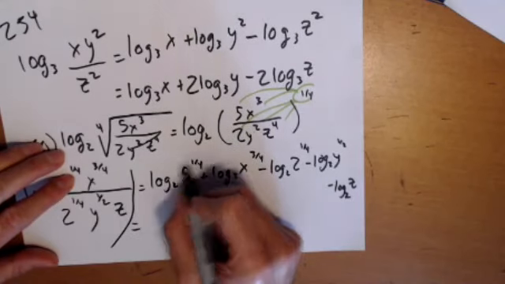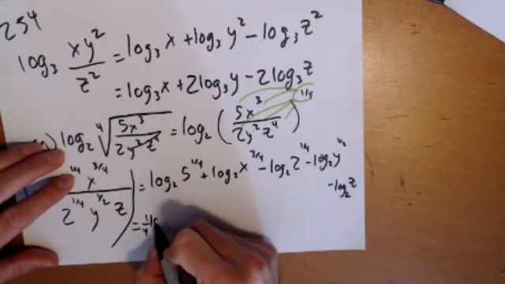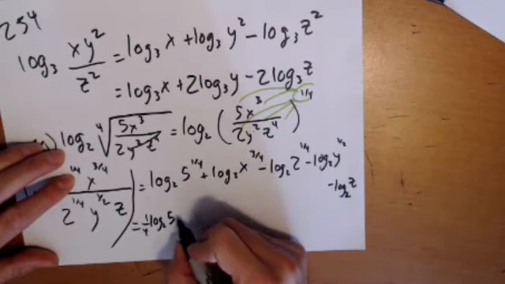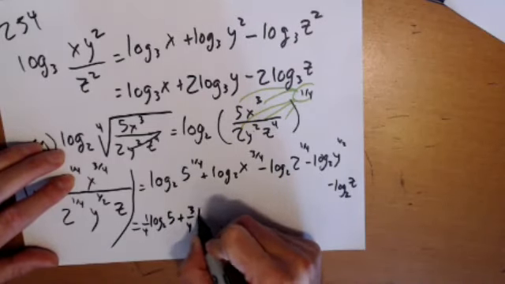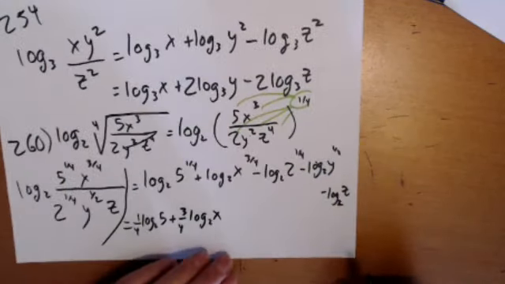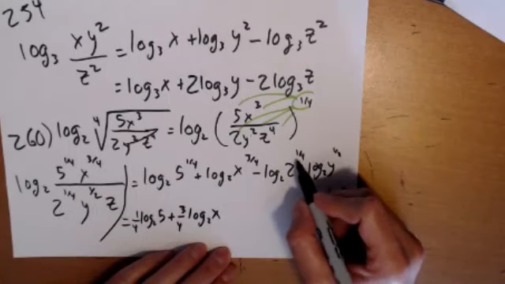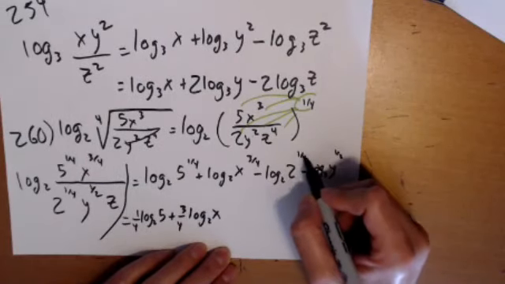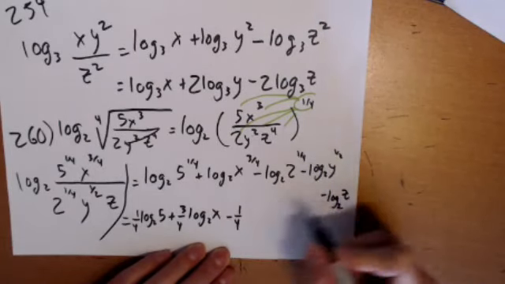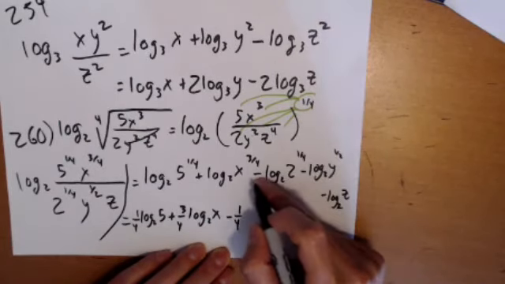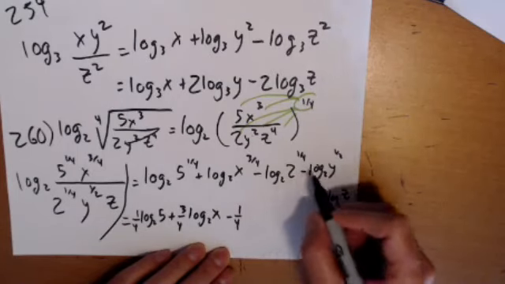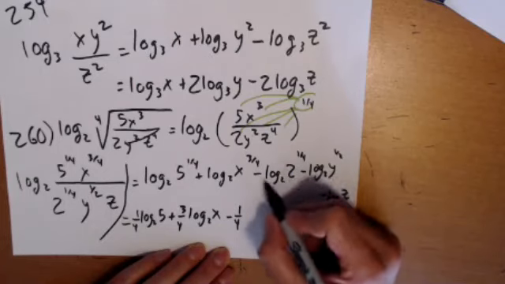So that's going to give me, the 1/4 comes out in front. 1/4 log base 2 of 5. Next one, the plus, the 3/4 comes out in front. Log base 2 of x. Log base 2 of 2 to the 1/4, this one cleans up. The 1/4 comes out in front, minus sign, 1/4 log base 2 of 2. 2 to what power gives us 2? 1. So log base 2 of 2 is just 1.